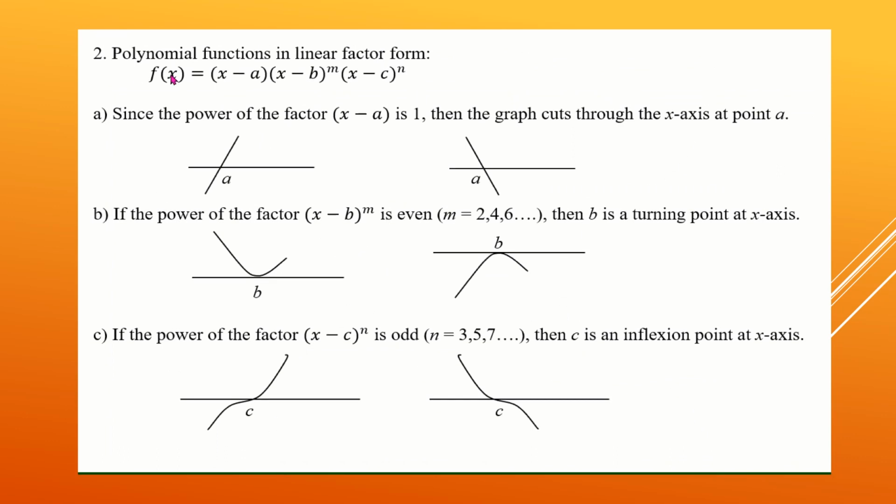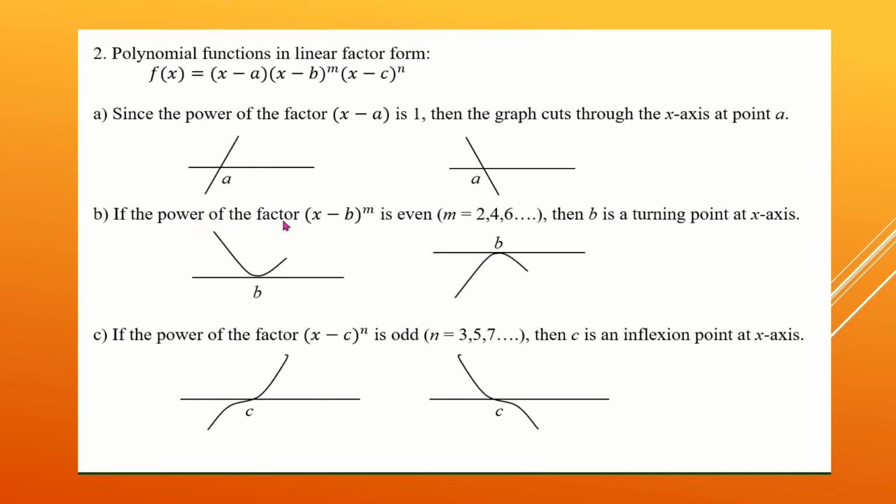Let's say the function f of x is a polynomial function in linear factor form. Then if the power of the factor x minus a is 1, this means that the graph will just go through this point.